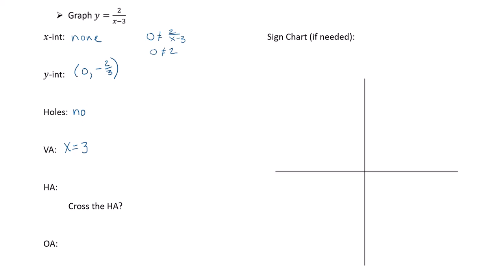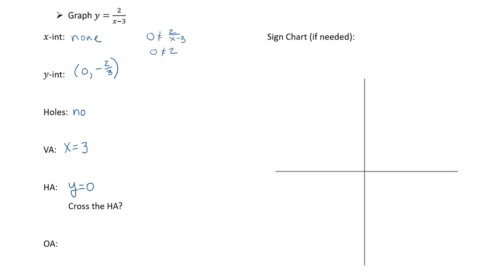My horizontal asymptote, well, my numerator is of smaller degree than the denominator. Or if I would go ahead and perform division, I would see that this is y equals 0 plus 2 over x minus 3, or y equals 0 is simply the horizontal asymptote.